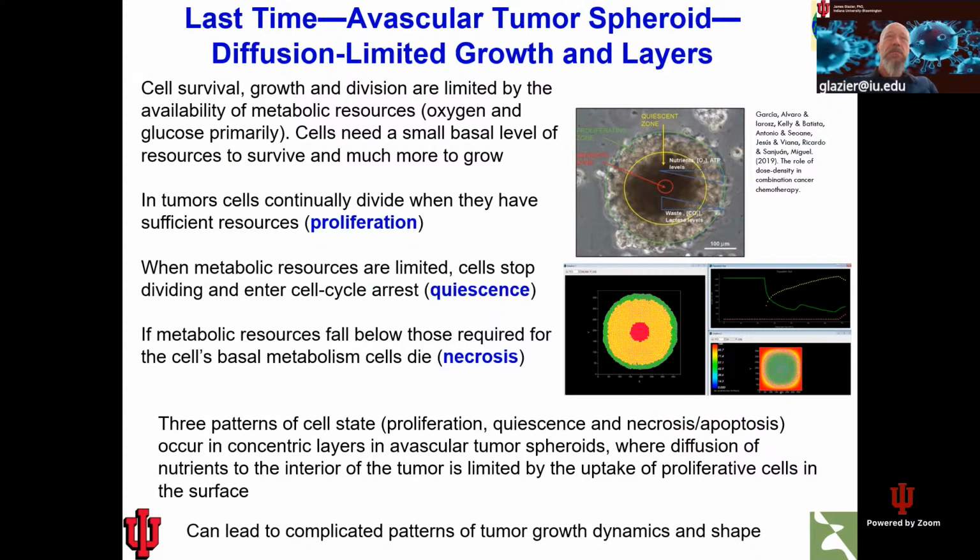There's a problem in CompuCell, and I don't think it's fixed, is it? Which is that in CompuCell, one of the things that we talked about was having the necrotic cells not take up any oxygen, and the quiescent cells take up less oxygen than the proliferating cells. That was an exercise.